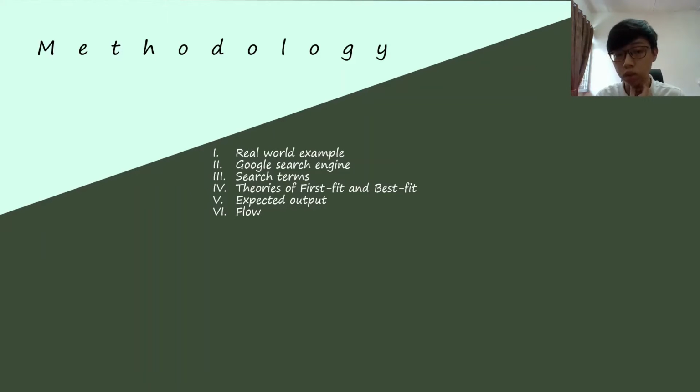Basically, we used the Google search engine to look for resources, and the search terms used were library management, book management, first fit, best fit, and problems in the library. After the research was done, we had a basic understanding of what the expected output of the program should be, and we created a flowchart to have a better understanding of the flow.